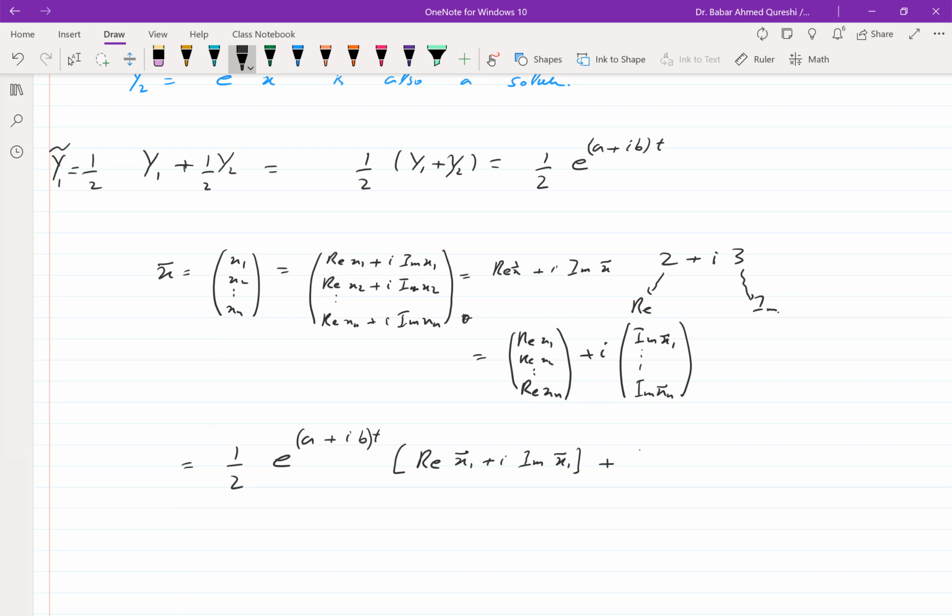Then I'm adding to it half of the other solution, with e to the a minus iota bt, and the real part of x1 minus iota imaginary part, which is the complex conjugate.